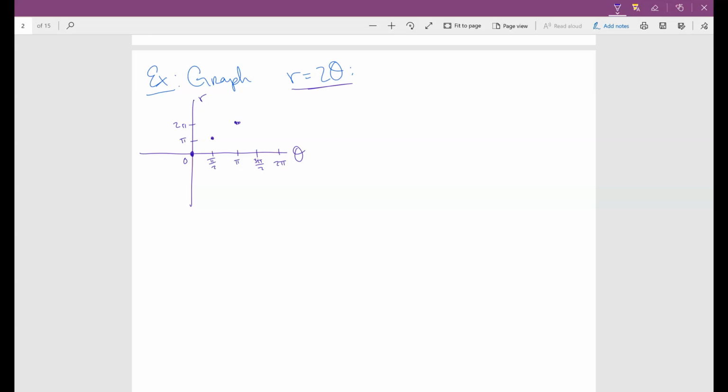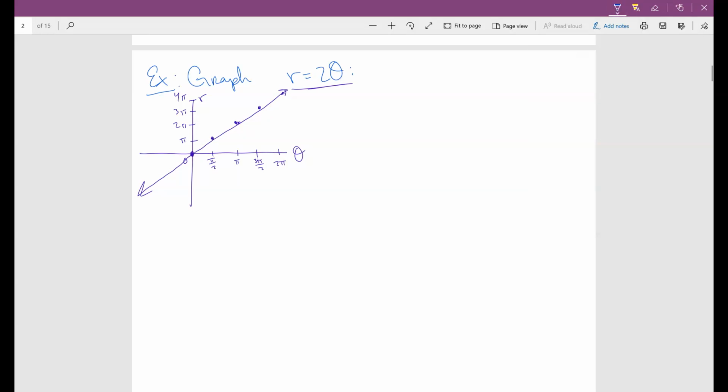If I plug in 3 pi over 2, I'm going to get 3 pi. And if I plug in 2 pi, I'm going to get 4 pi. You can see that this is a linear relationship, so it goes in a straight line. Obviously on the negative side, if I chose negative angles, it would go the opposite direction. Now that's my reference graph.